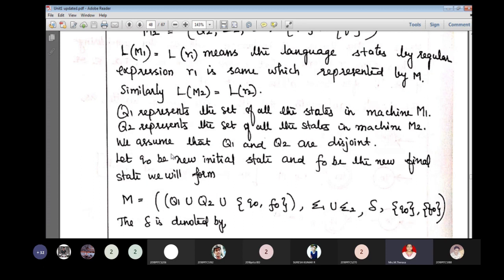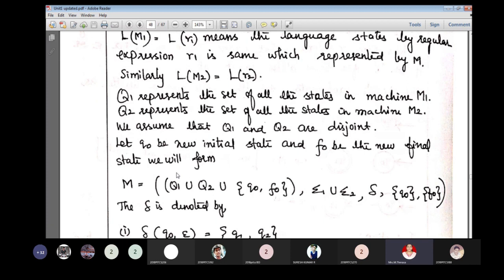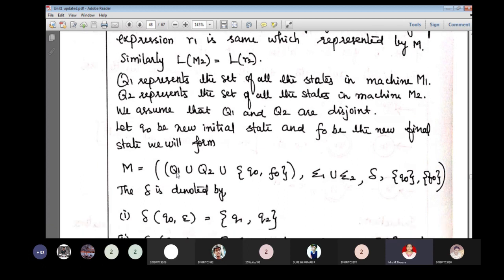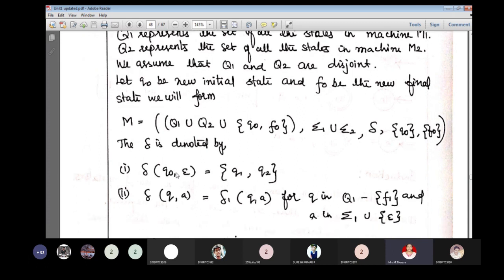Let q0 be a new initial state and f0 be a new final state. With these we are going to form a new machine M, where the set of states is Q1 union Q2 union q0, f0.